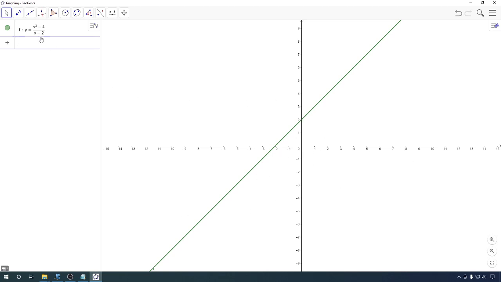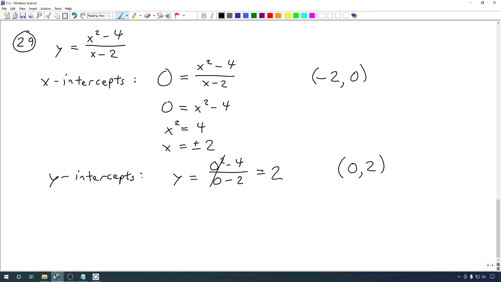And notice that when we excluded x equals 2, that is not an intercept on our curve. It looks like 2, 4 is a point on our curve. Now, technically, it's not there. Technically, there's a little hole here. If I were to draw this by hand, I would leave a little hole there at 2, because I can't plug 2 into my equation here.